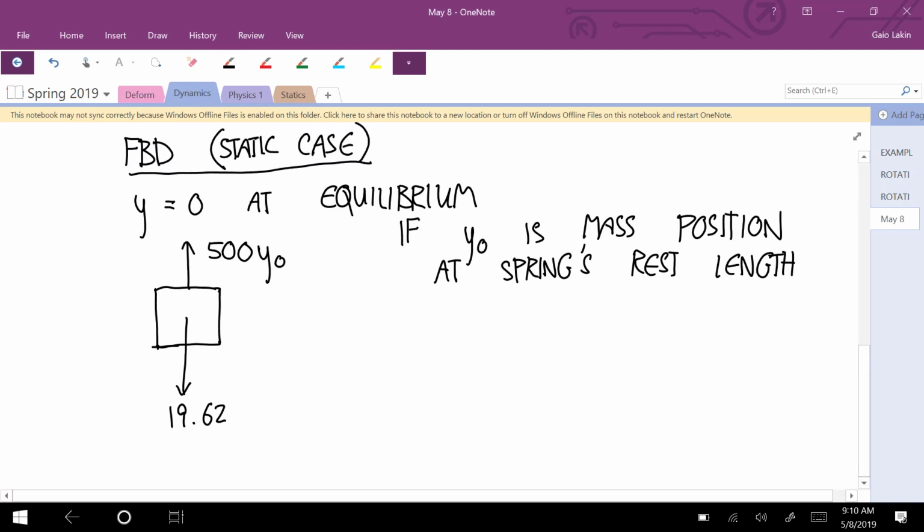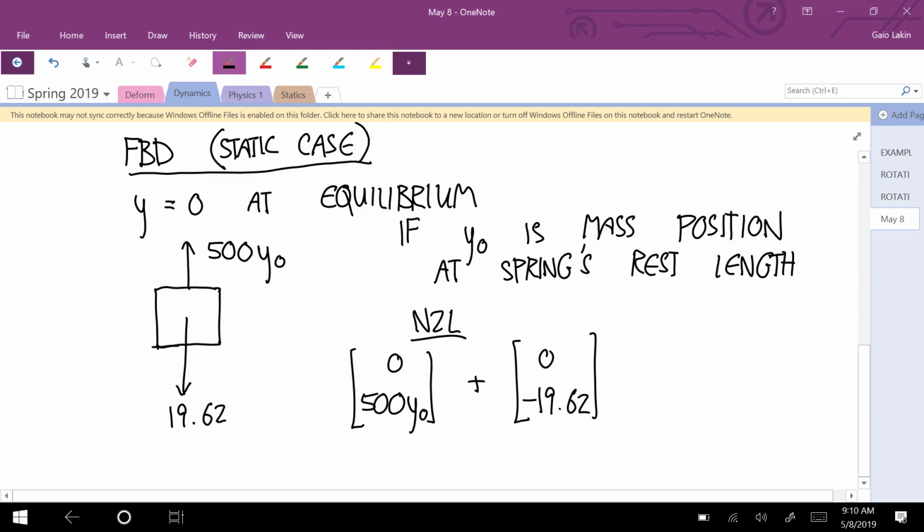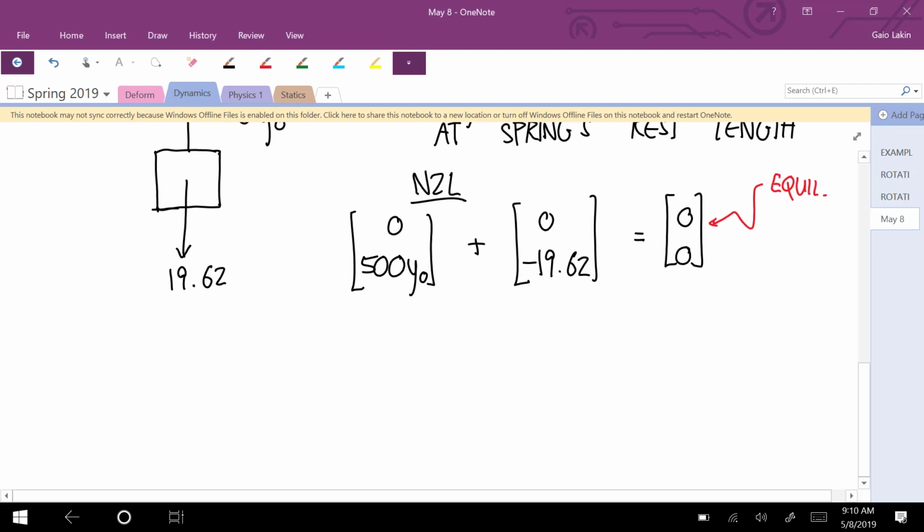Okay, so Newton's second law says 0, 500 y0 plus 0, negative 19.62 is equal to zero because this is equilibrium. And so 500 y0 is equal to 19.62.